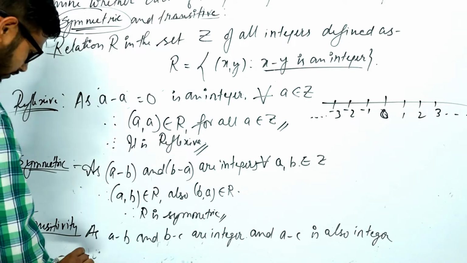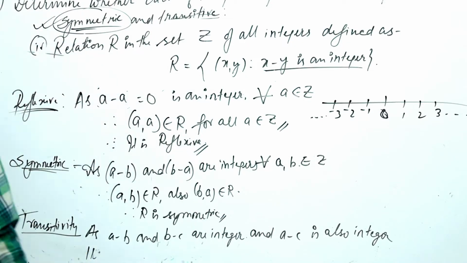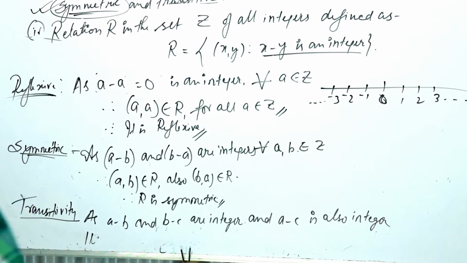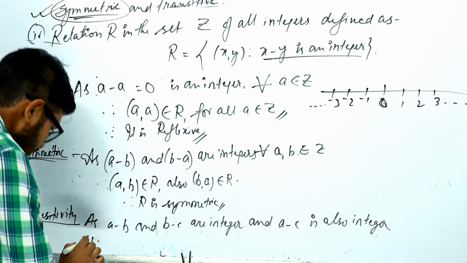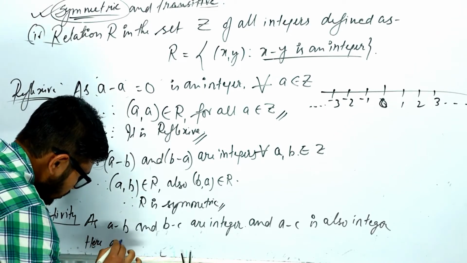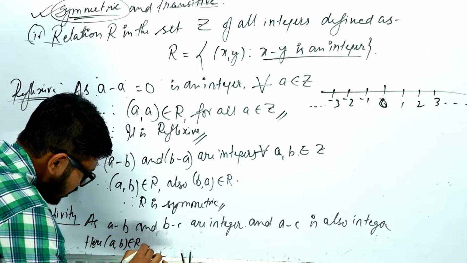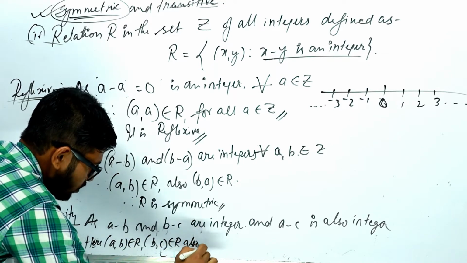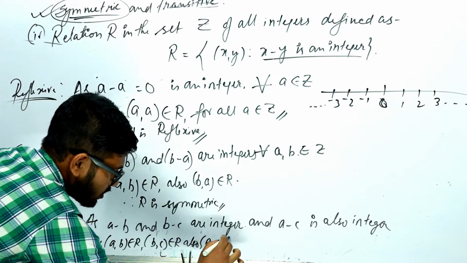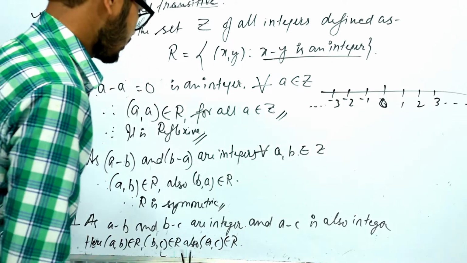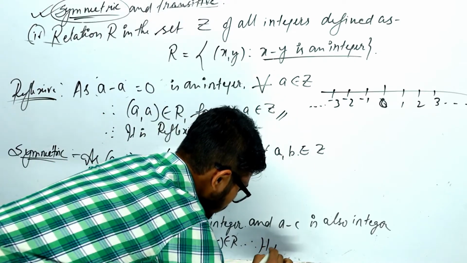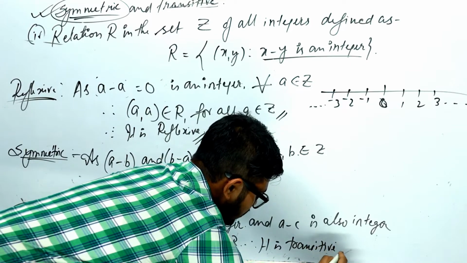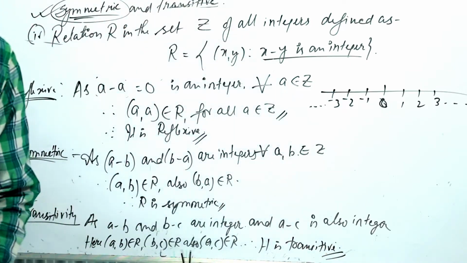Therefore, here we can write, (a, b) belongs to R, (b, c) belongs to R, and also (a, c) belongs to R. Therefore, it is transitive.